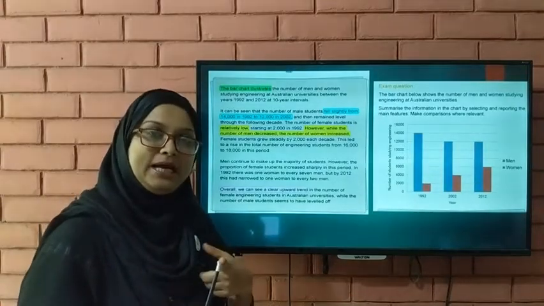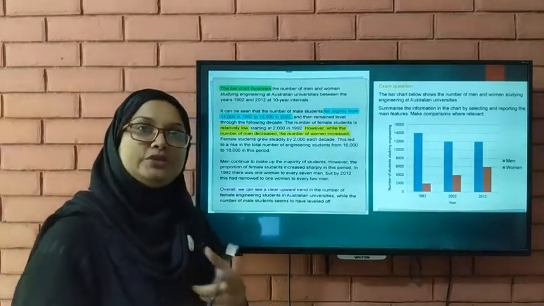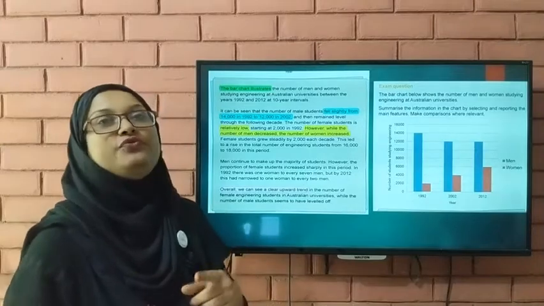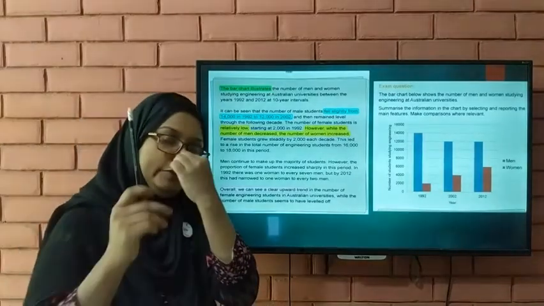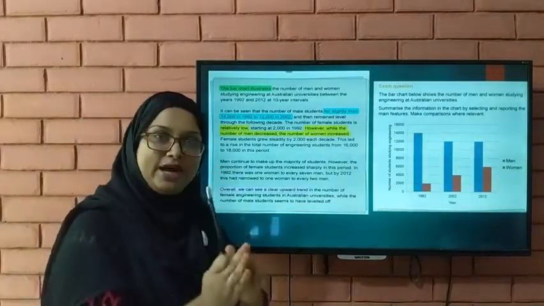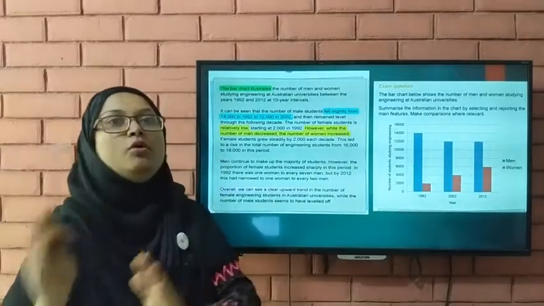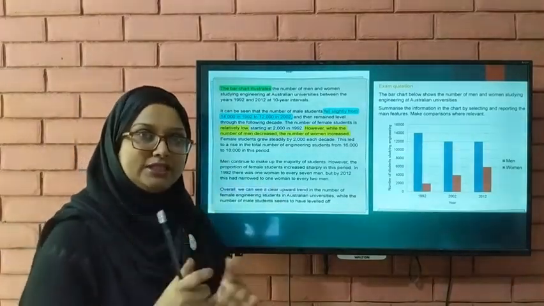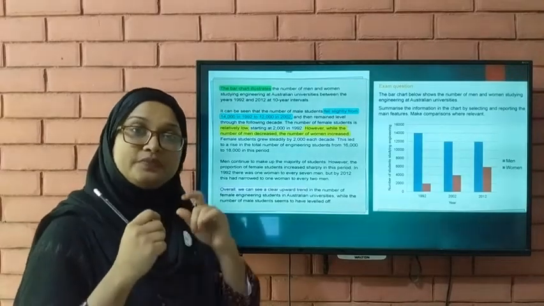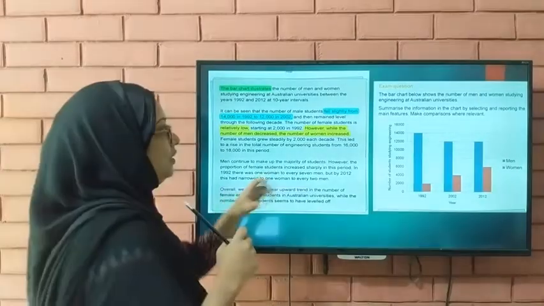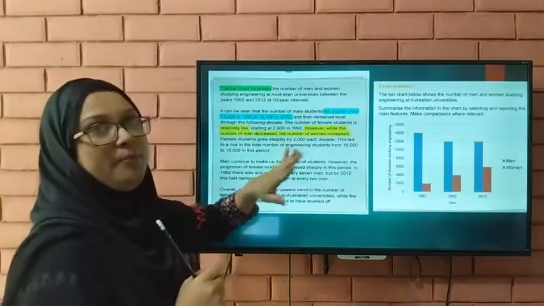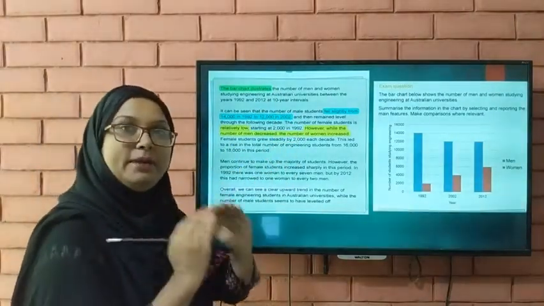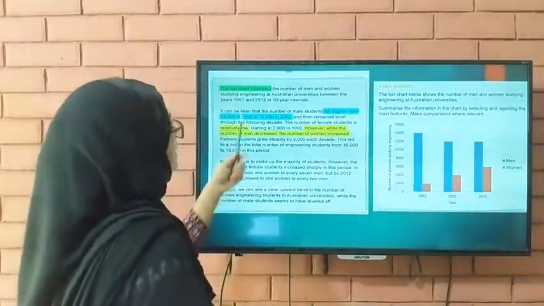But remember that we should not use fewer than 3 or more than 5 paragraphs. Total analytical writing we should use in 4 paragraphs maximum and minimum 3 paragraphs.